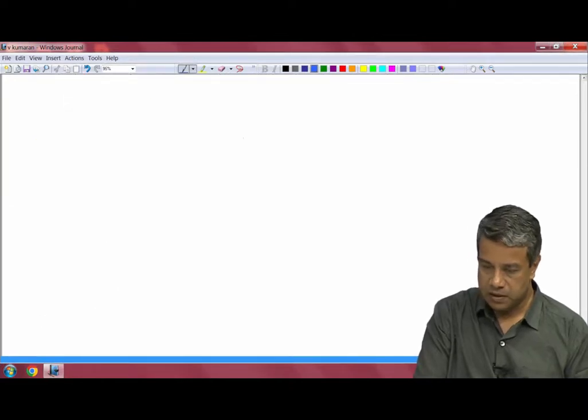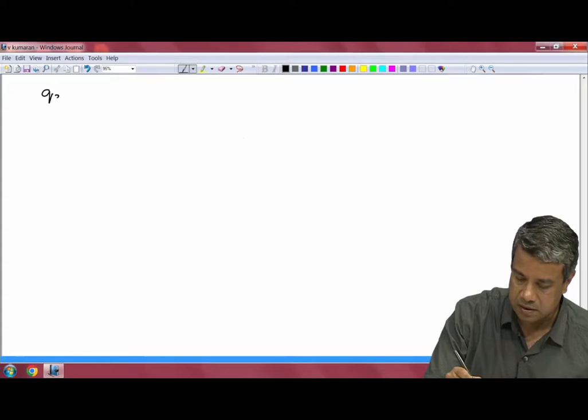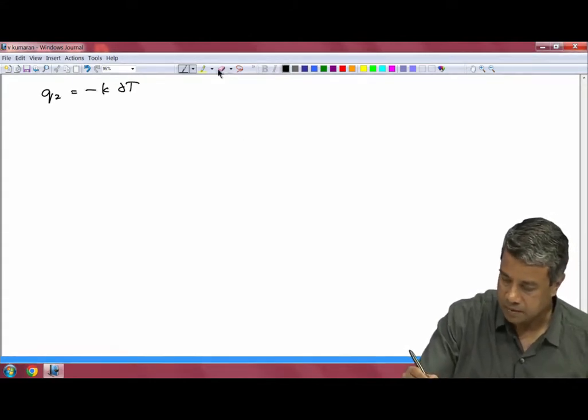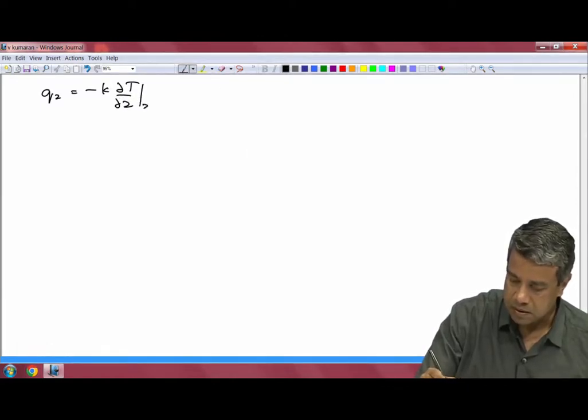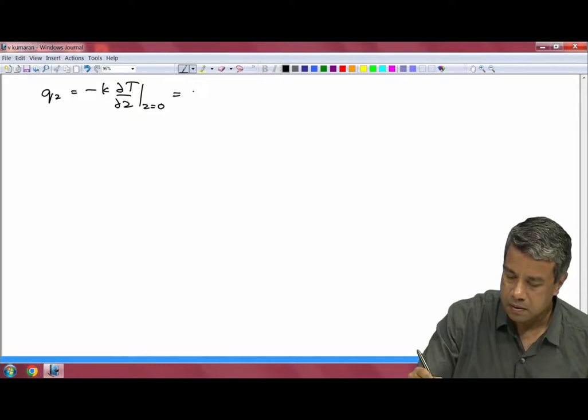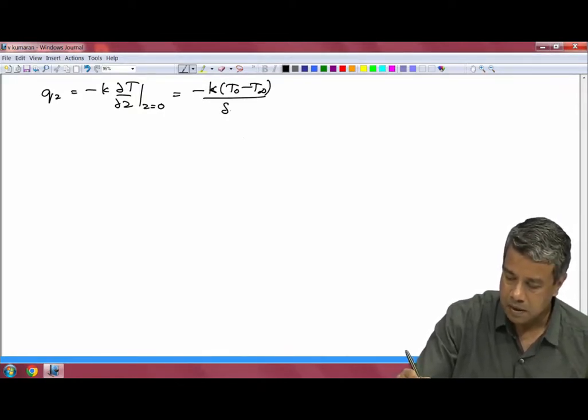So, the flux Qz, using the same arguments that I had used earlier, is equal to minus k partial t at z is equal to 0 by delta t.